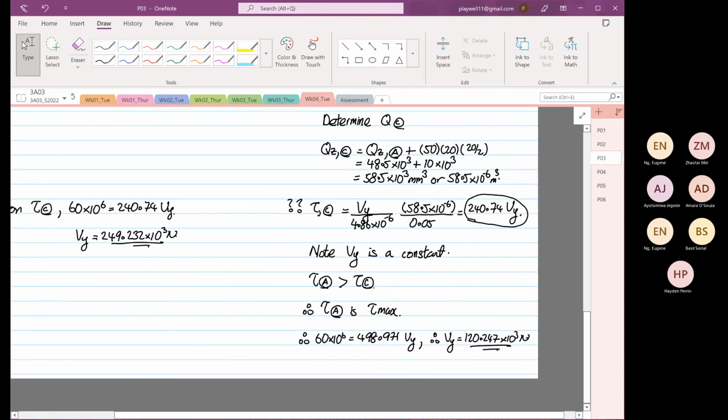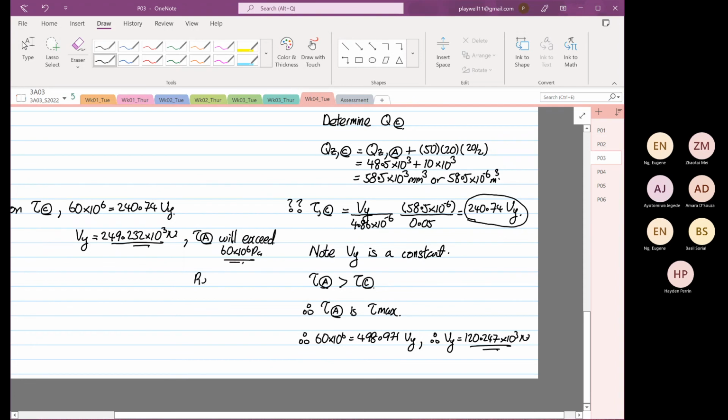So when this is the case, no doubt your forces are higher. If you apply the forces at this magnitude, the shear stress at point A will exceed 60 times 10 to the power 6 Pascal.